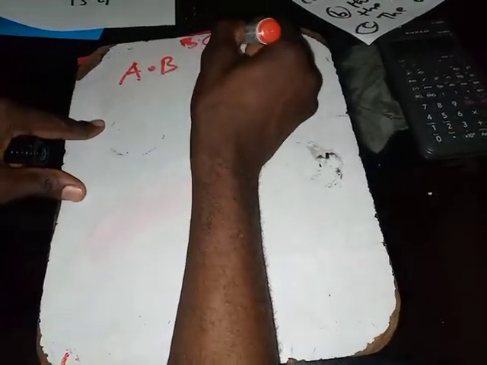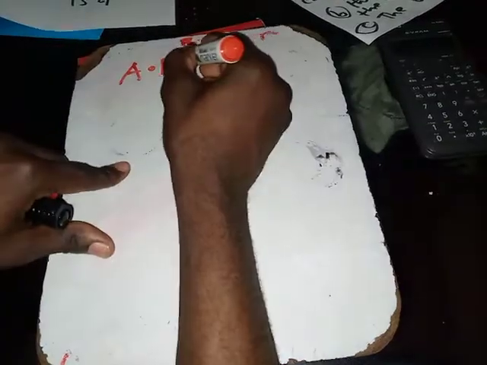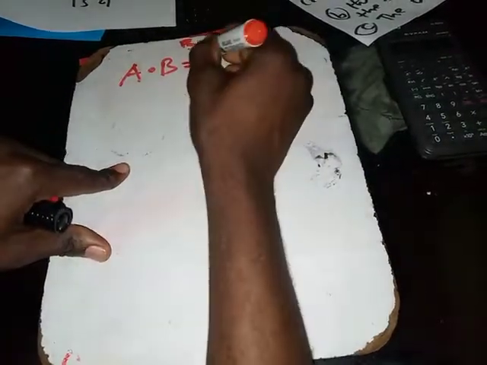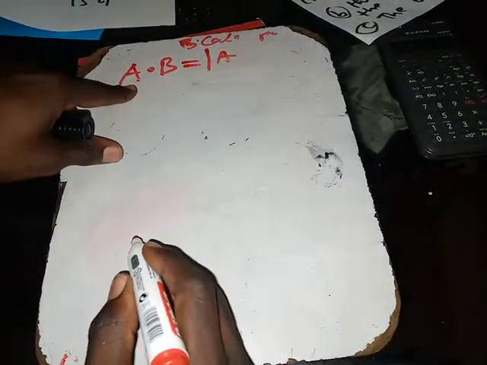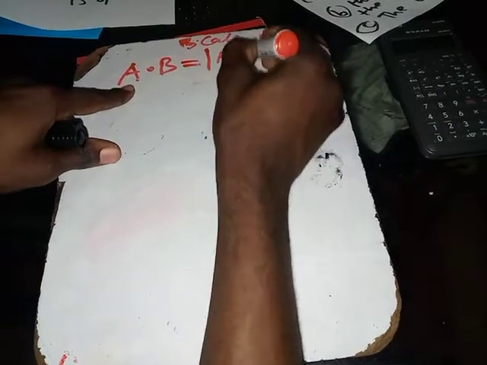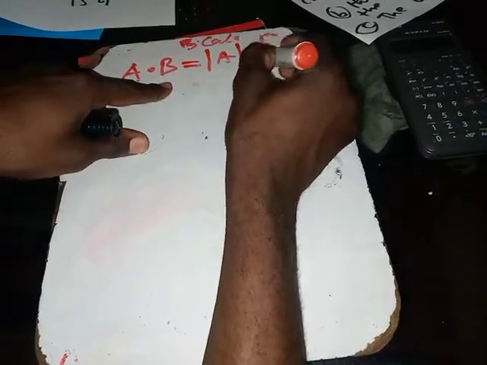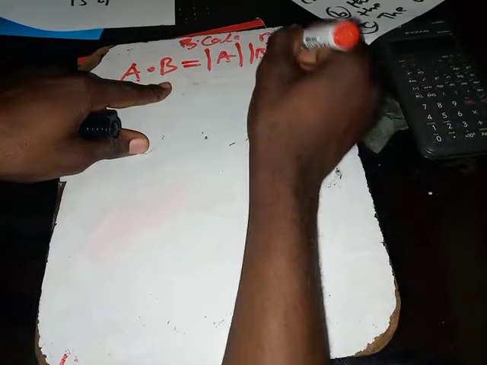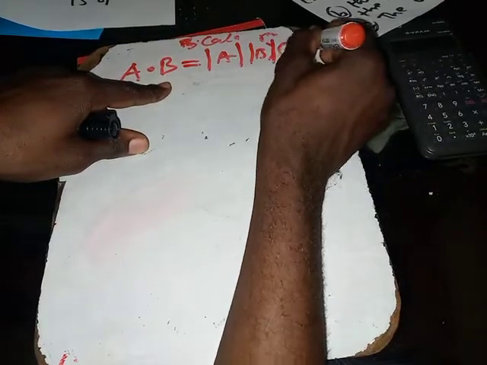So we are going to use the scalar product in order for us to find the angle. The formula is A dot B is equal to the magnitude of A multiplied by the magnitude of B, in straight bars, then cos theta. Okay, this is the formula.